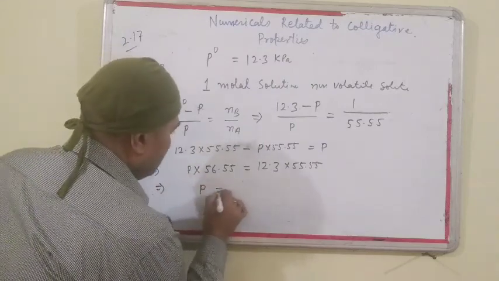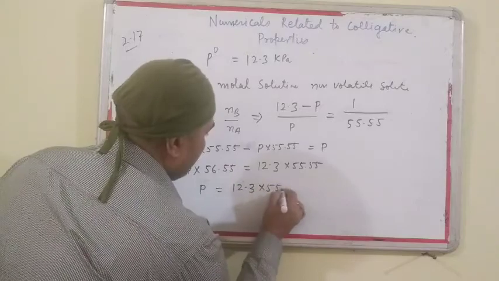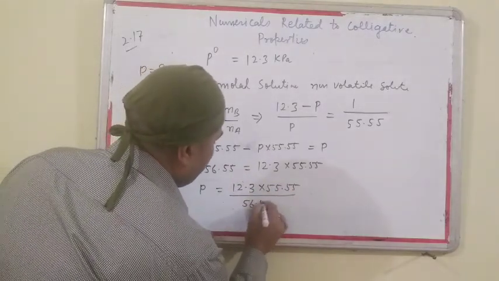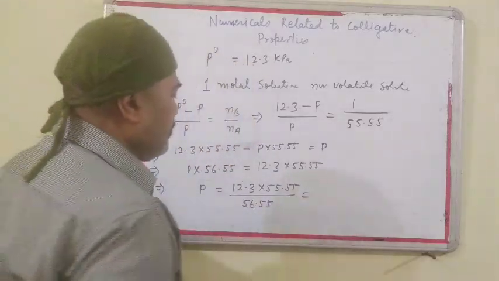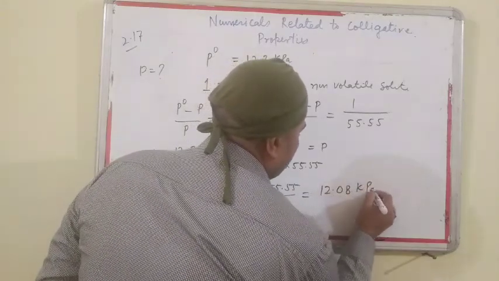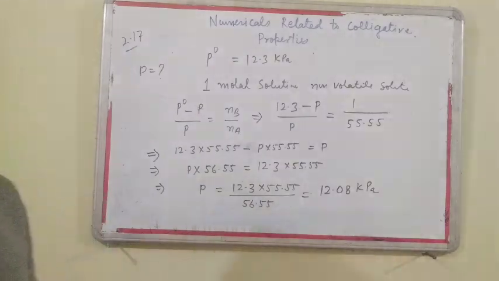On solving 12.3 into 55.55 divided by 56.55, we will get the value around 12.08 kilopascal. So students, in this way you can solve it.